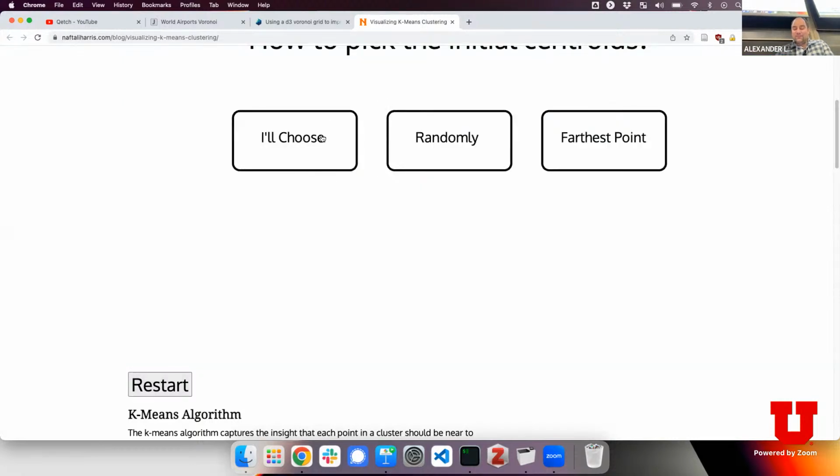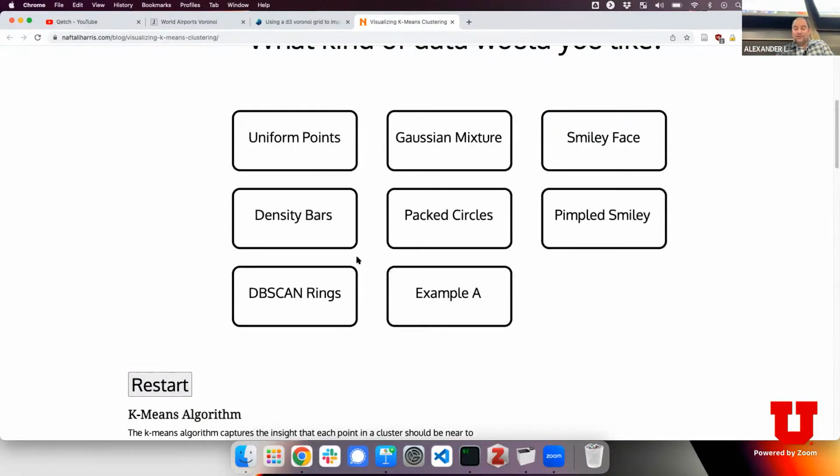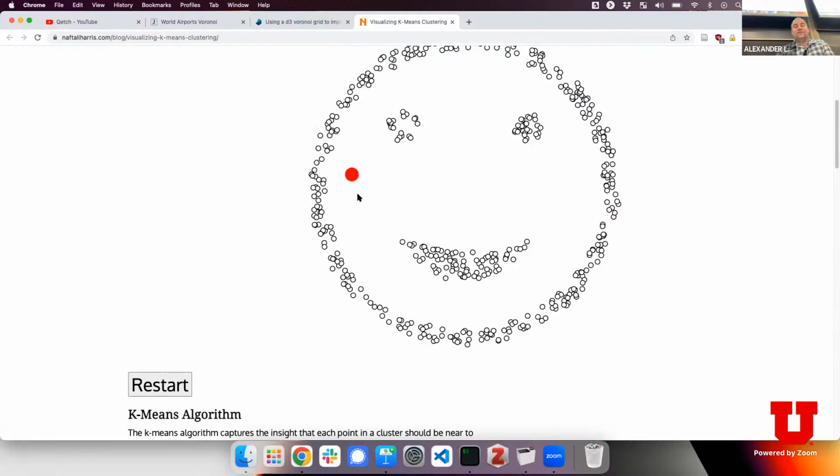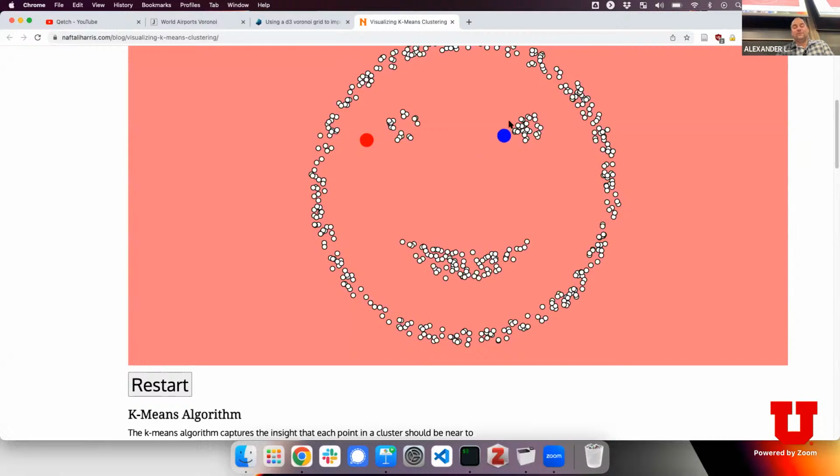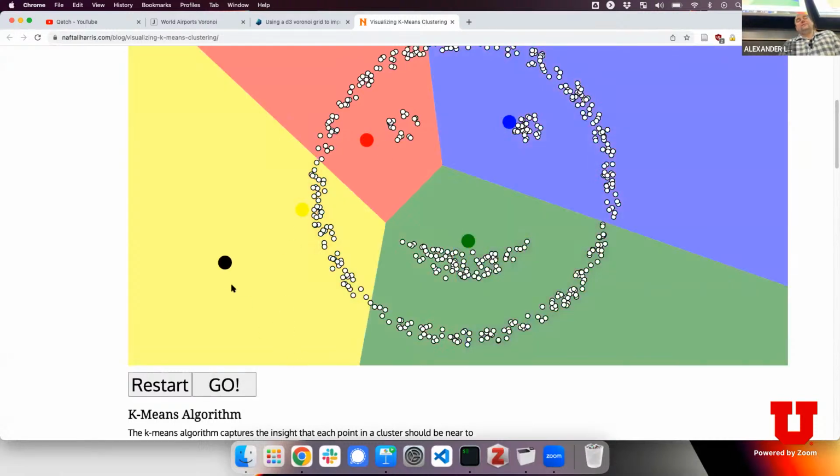Let's have another pattern. Well, this here is going to be tricky for Kmeans to do, even if I give it good initialization like this, right? What's going to happen here?